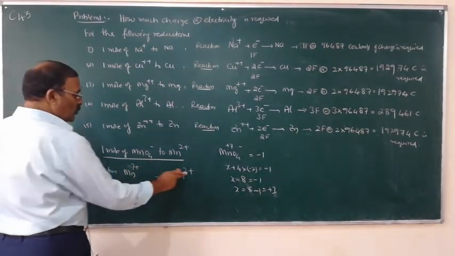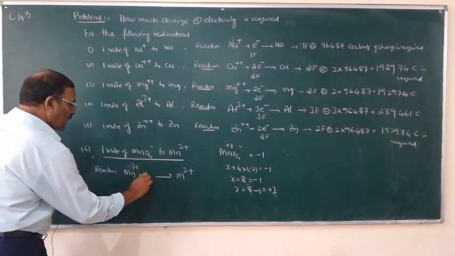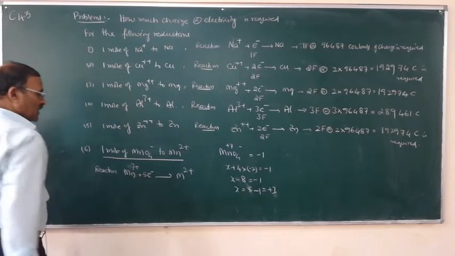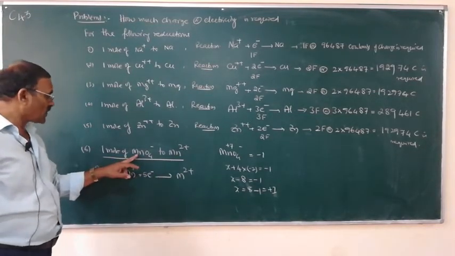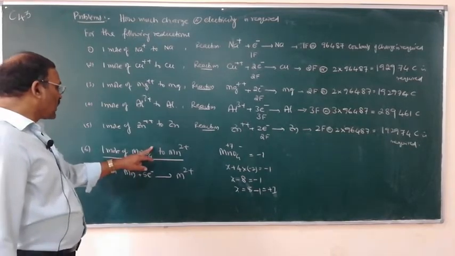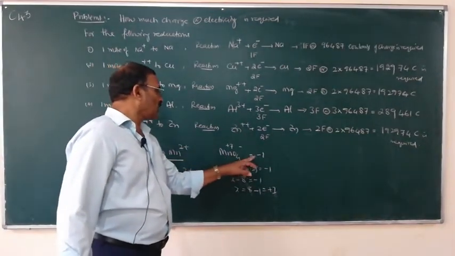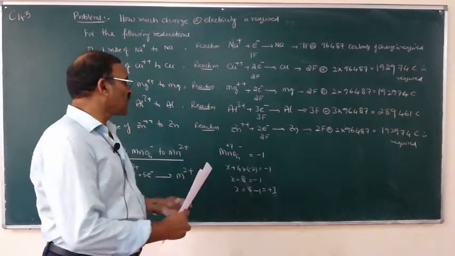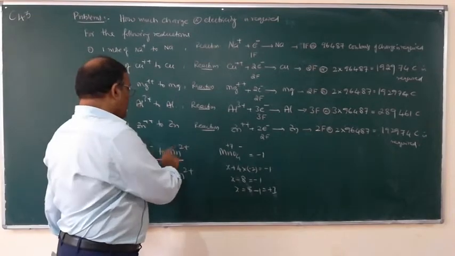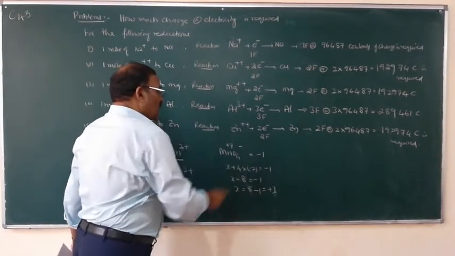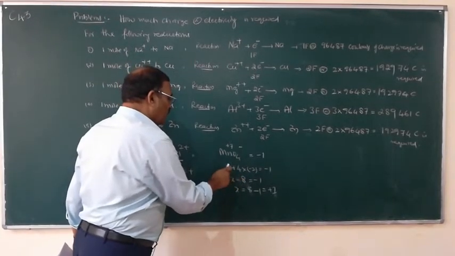To convert Mn7 plus to Mn2 plus, how many electrons are needed? We need 5 electrons. The total oxidation state of an ion is equal to the charge carried by the ion. What is the charge carried by the ion? -1. So using this formula you calculate the oxidation state of manganese.